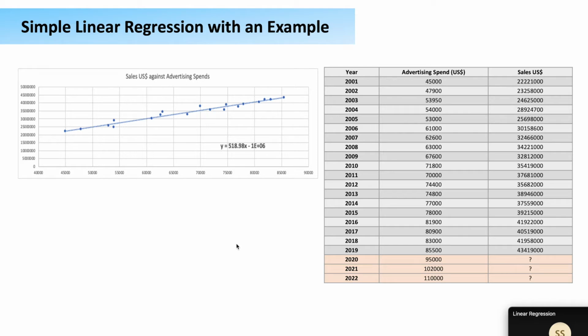Okay, the problem statement should be clear, and as to what we are trying to do here, the concept of the historical data, the concept of the relationship between your explanatory variable, that is advertising spend, to the target variable or response variable, which is the sales dollar here, and our challenge is to create a relationship between the explanatory variable to the response variable in the form of a linear equation, exactly same as what we have learned in our schools, in the form of y equals to mx plus c, where y is the target variable, x is the explanatory variable predictor, and m and c are constants.